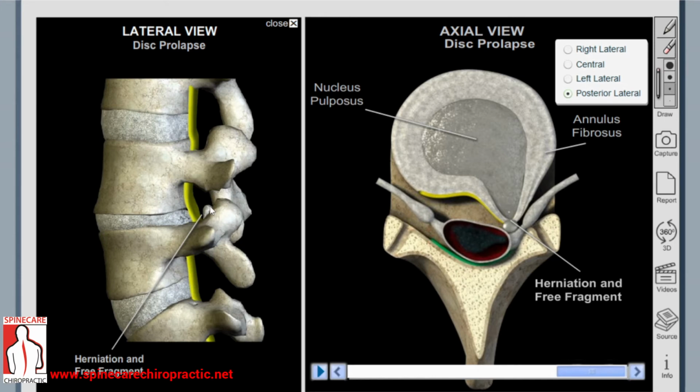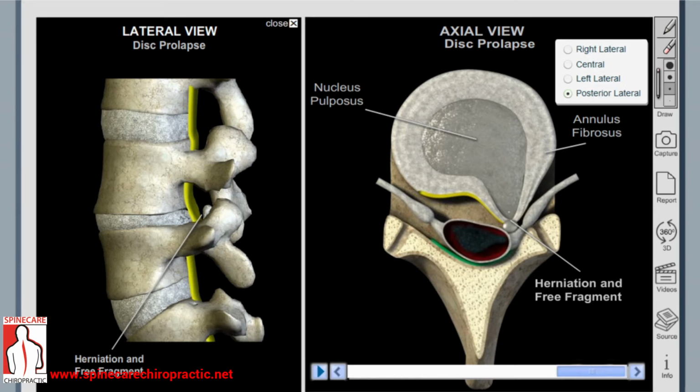So what will happen and what will you feel when you have slip disc? Well, for starters, you will actually get back pain. Most commonly, people will get back pain. And the other thing is, in the lower back, for example, the most commonly affected bone is the L4, between L4 and L5, so this over here, or between L5 and S1, this over here.